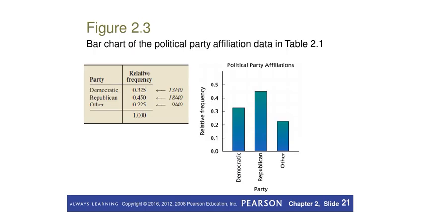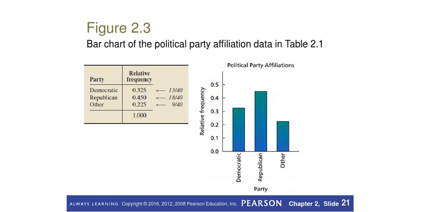So here's an example again with our Democrat, Republican, or other class. And again, we see the height of the bar. We draw the horizontal axis beneath. We draw the vertical line going up and down right here. And our relative frequencies, the highest relative frequency was 45%. So we put 0.5 up here to represent that highest value.